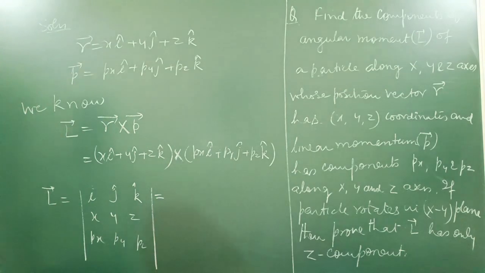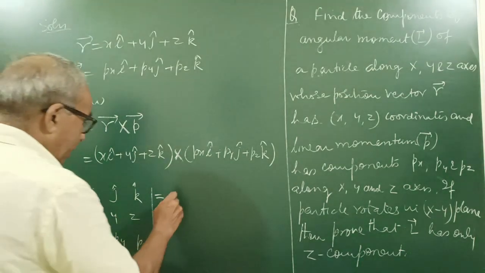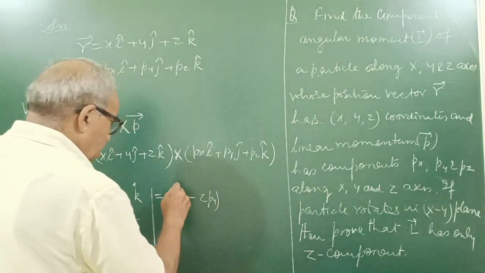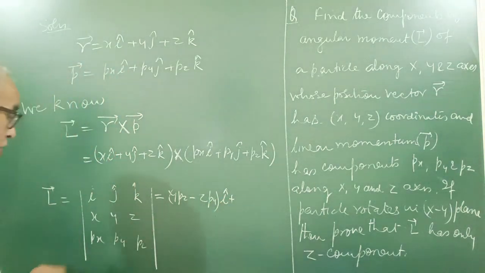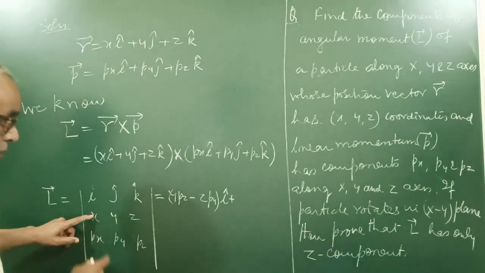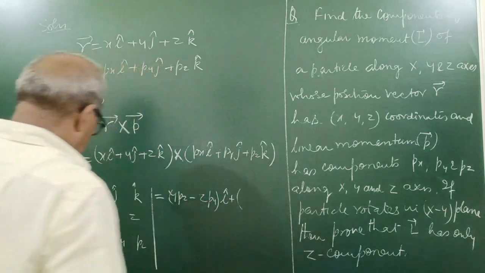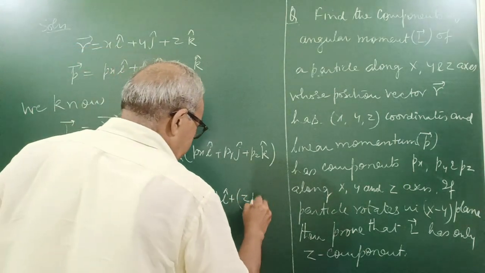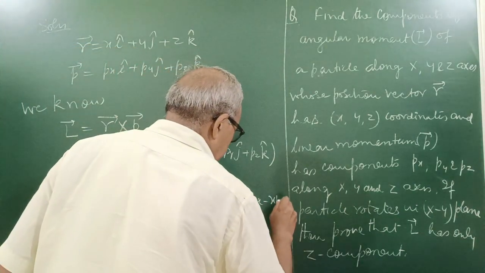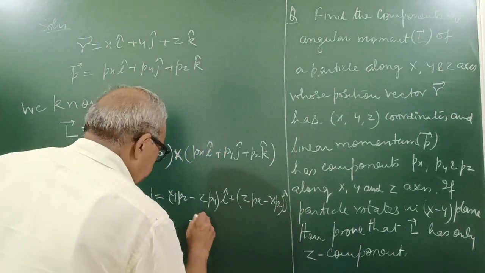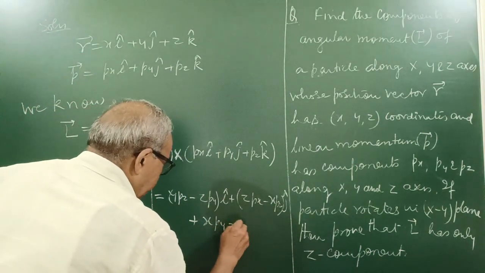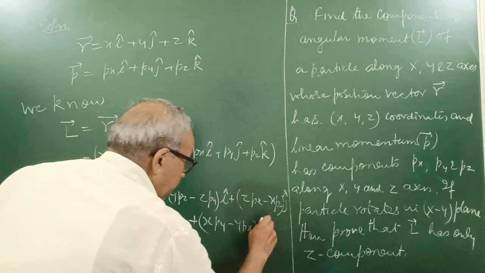This is equal to (y pz minus z py) i cap plus (z px minus x pz) j cap plus (x py minus y px) k cap.